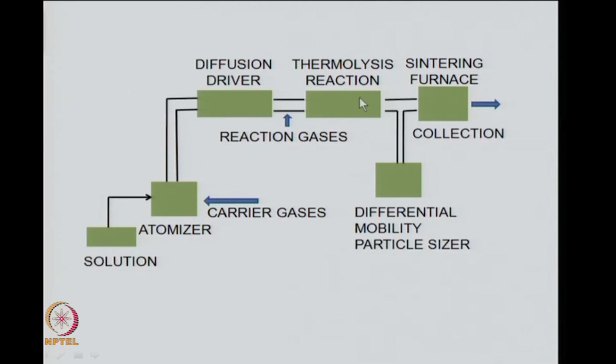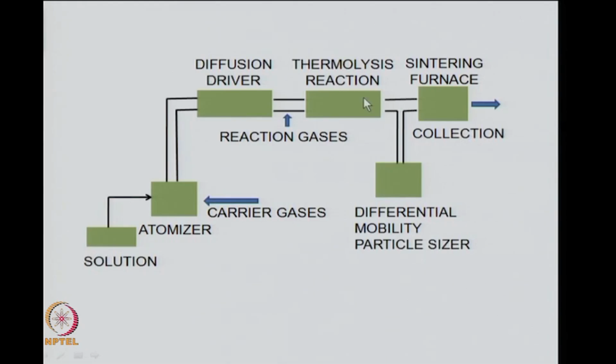Here the droplets are being broken up, and then here you can have a furnace where higher temperature is there. So, this may be a lower temperature vessel, and there you can have a higher temperature where the particles which are forming after the solvent is evaporated become larger in size and become dense in this sintering furnace.